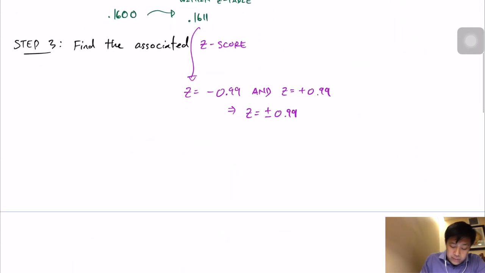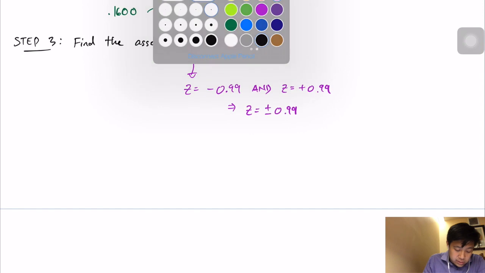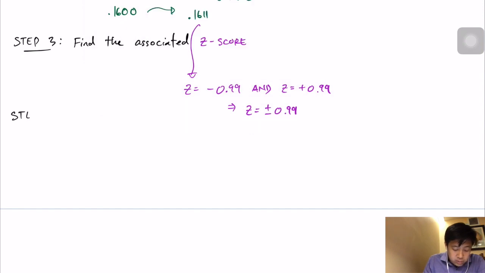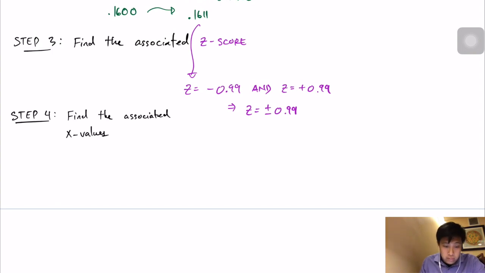And the last step is, once you find the z-scores, in this case plural for z-scores because you know there's 2, working backwards, and the fact that it's a middle percentage, find the associated x values using a modified z formula.